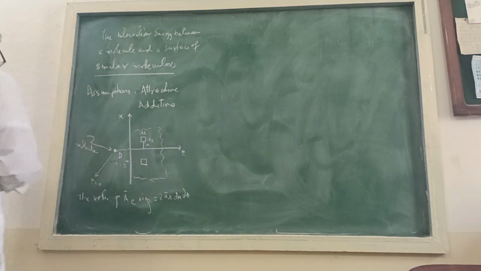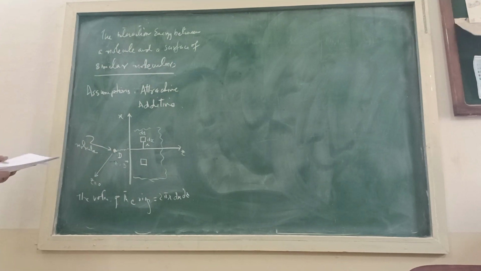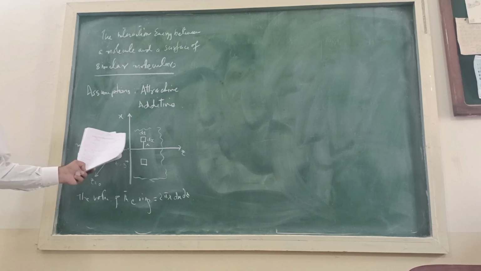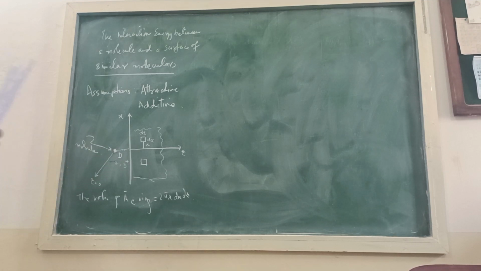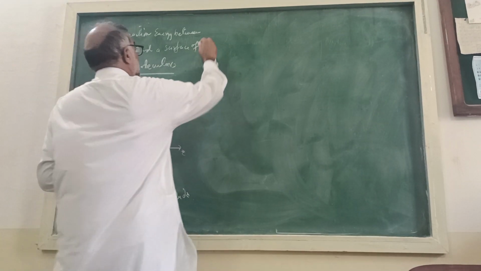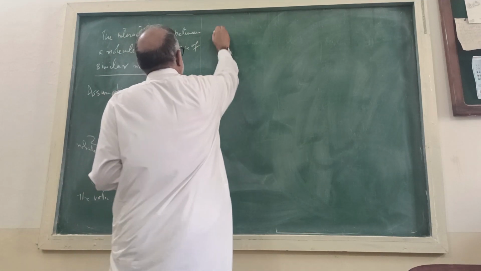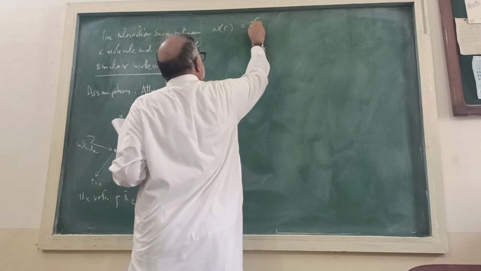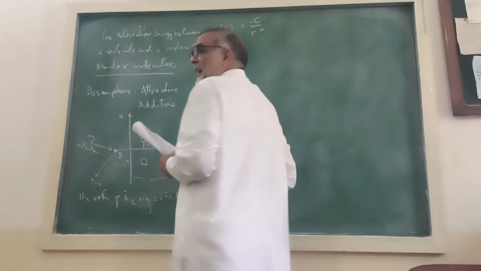As we assume that the interaction between the molecule and the surface is attractive, the nature of the interaction is attractive. So I represent it by minus c over r to the power n.